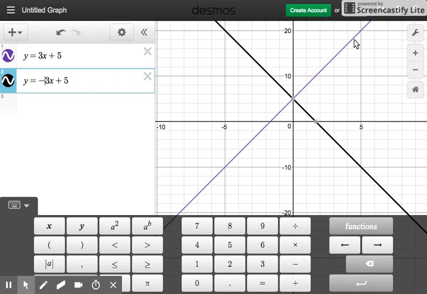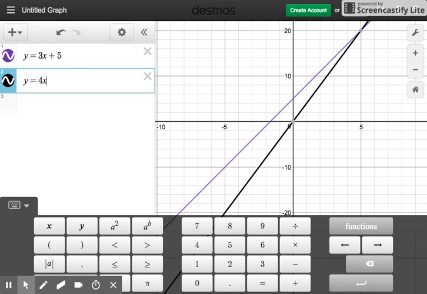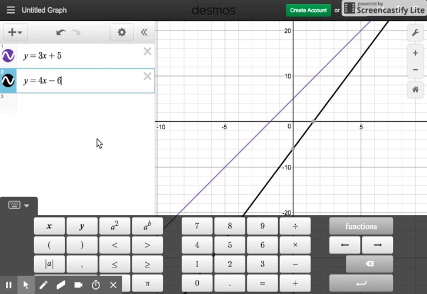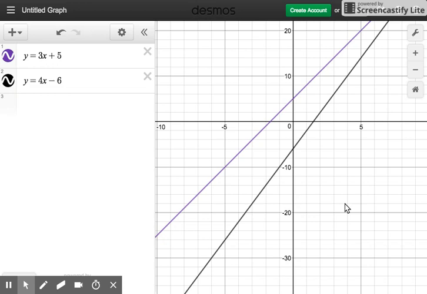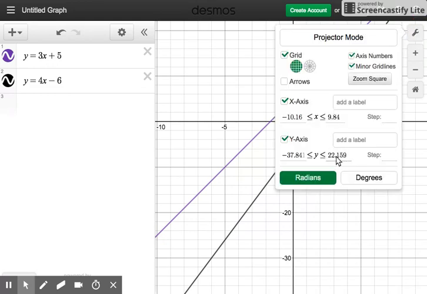So then, looking at this graph right now, we can see that there are two lines, and we can see the solutions really easily. So if we wanted to find a solution to a system of equations, let's say we had 4x, and we subtract, let's say, 6. Once again, we can't really see up here where they're going to cross, so let's go back to our graph settings.